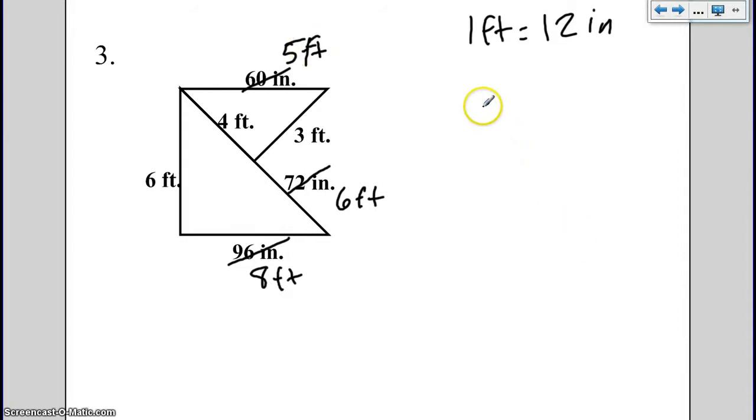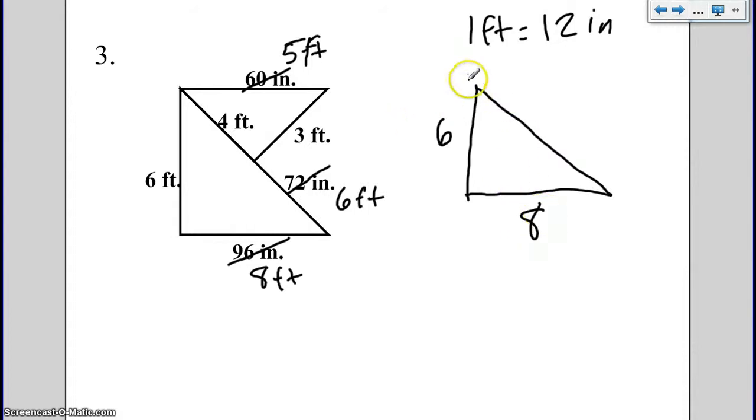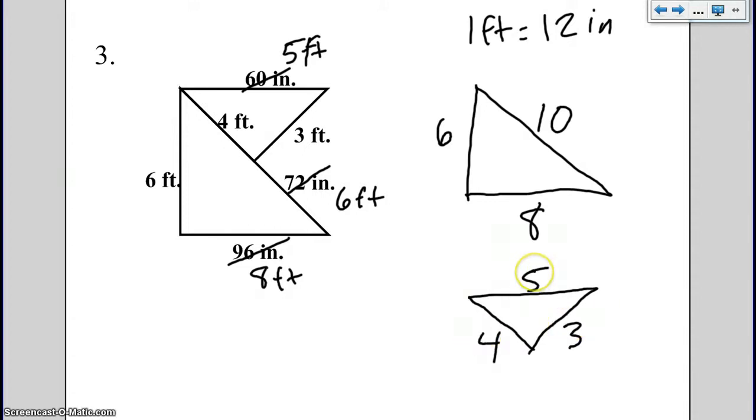Okay, here's what I want you to see. I want you to see this big triangle. Looks like this. See how there's a 6 feet here and 8 feet here, and this long side right here. 6 plus 4 is 10. Then I want you to look at this little triangle. It looks like this. So this is a 3, this is a 4, and this is a 5.